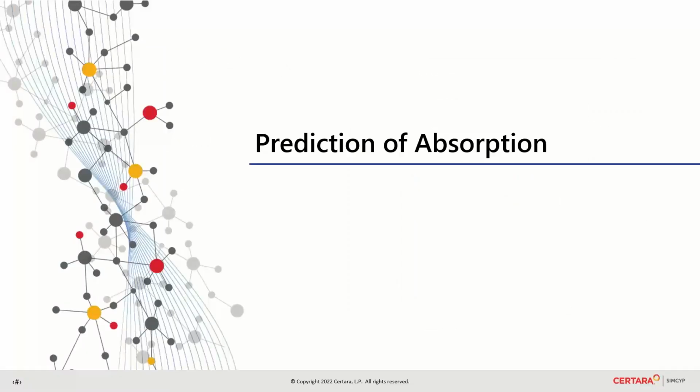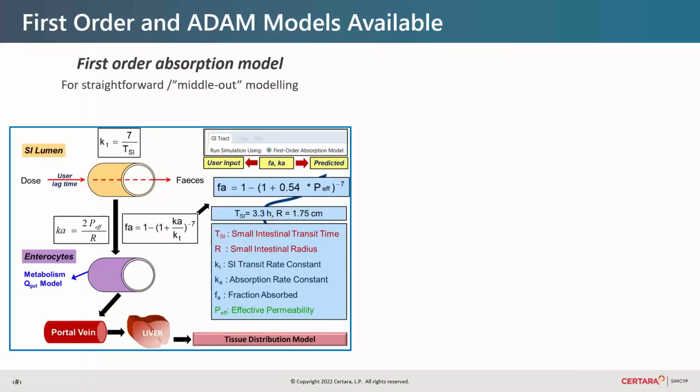If I just walk through the different approaches we can use for absorption, distribution, metabolism, and excretion. Firstly, thinking about absorption. Within the discovery simulator, there are two models available. The first one is a fairly simple first-order absorption model.